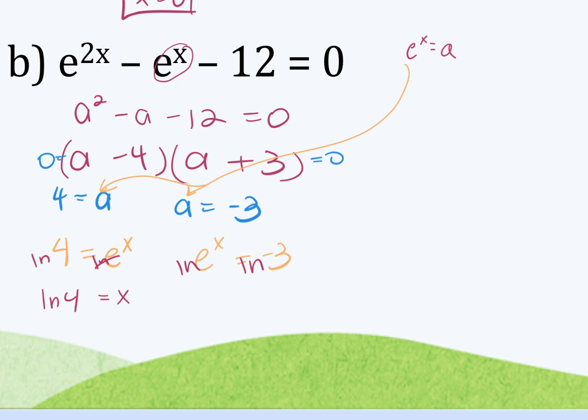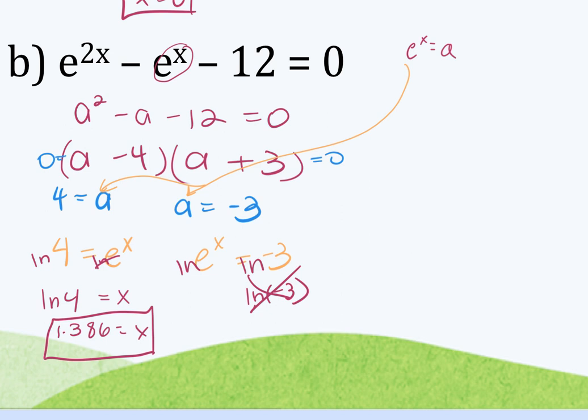It is 1.386. And I get ln of -3. What happens when you try to do that in the calculator? It's error. You can never have the result of something that has a base become a negative number, right? E could never become a negative number by raising it to a power. You will never be able to log or ln a negative number or 0. So I ignore this answer and I keep just this one.